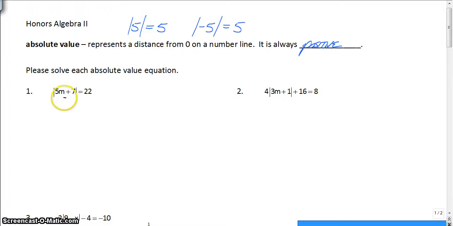Since the inside of this equation can be 22 or a negative 22, when we solve absolute value equations, what we need to do is set the inside equal to the positive and equal to the negative. That way, when we solve it, we will have both of our possible values for what goes inside of the absolute value.